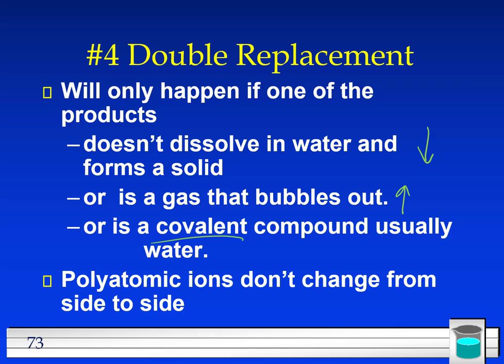You might need to put parentheses and a subscript outside, or you might need to get rid of the subscript outside the parentheses. But the polyatomic ion stays together. That's it. All we got to do is follow those rules, and we do a few examples.